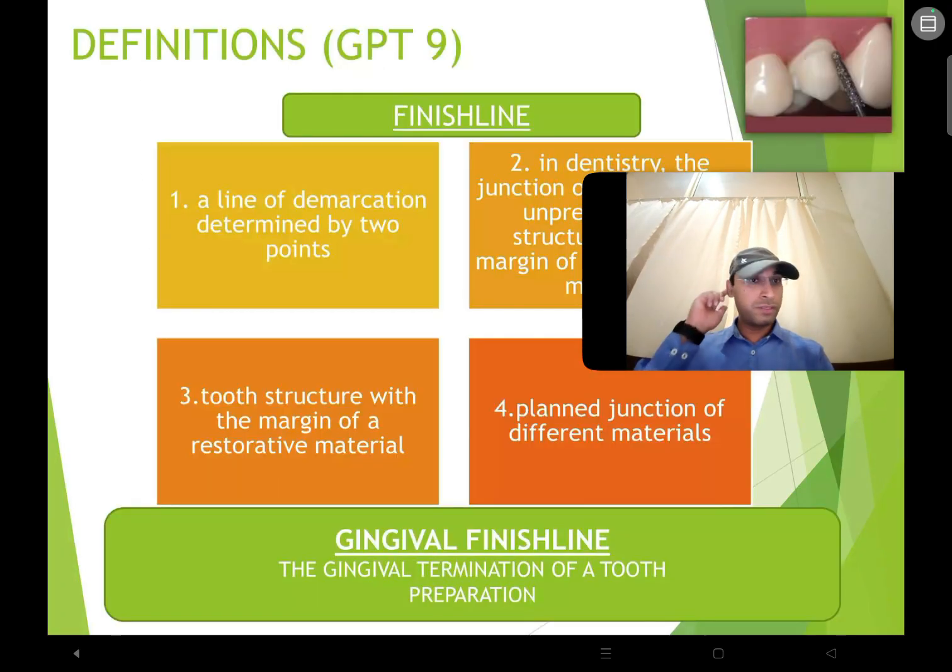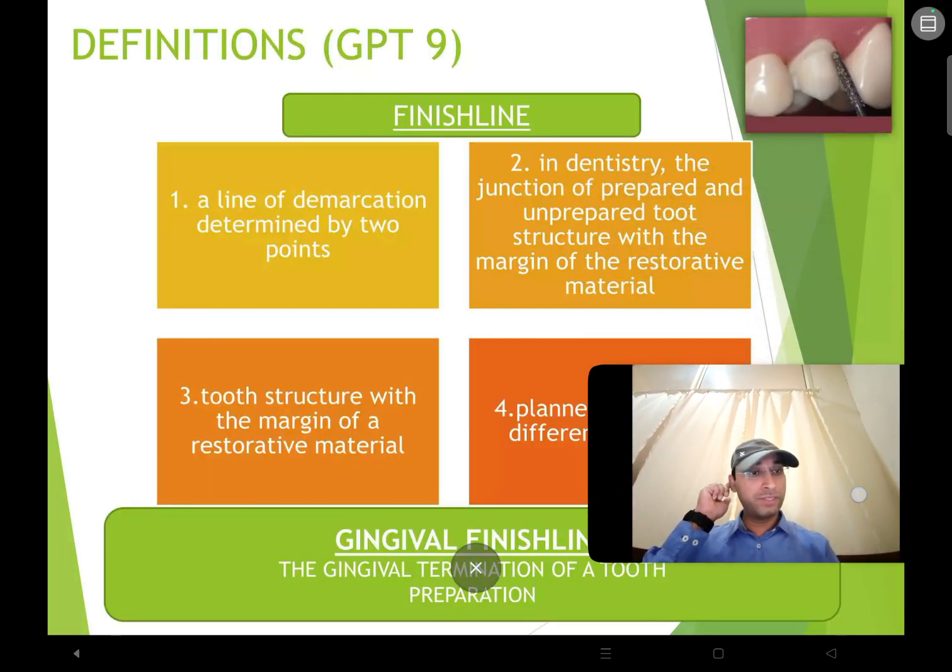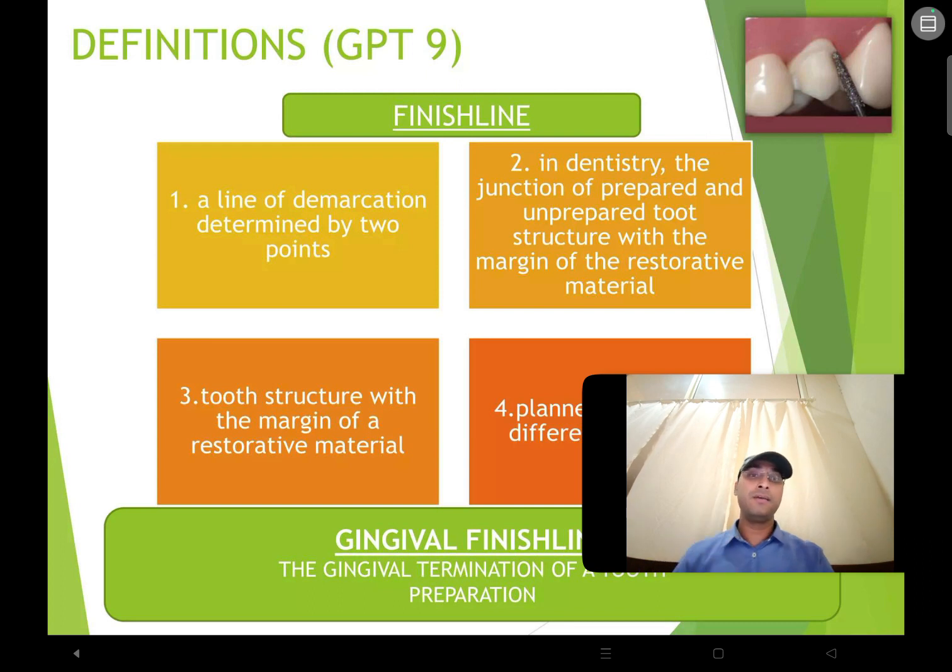So first, coming to finish lines, according to the GPT-9, the finish line is defined as the junction of prepared and unprepared tooth structure with the margin of the restorative material. The simple definition. So what do you understand when I say finish line?